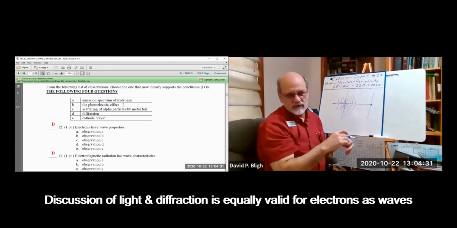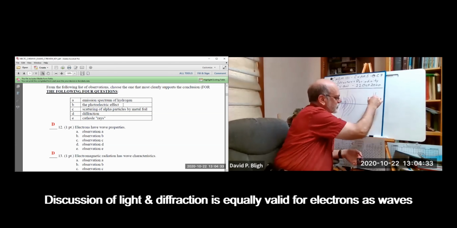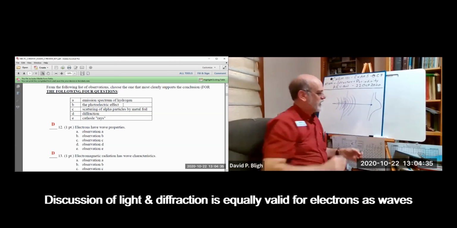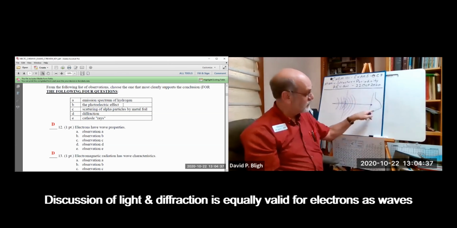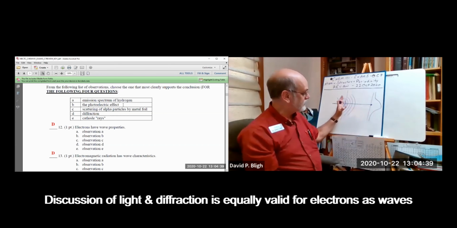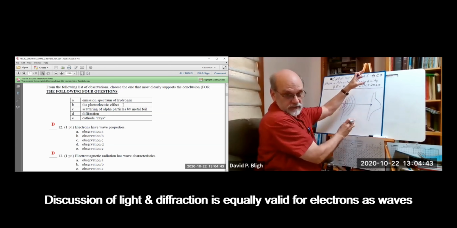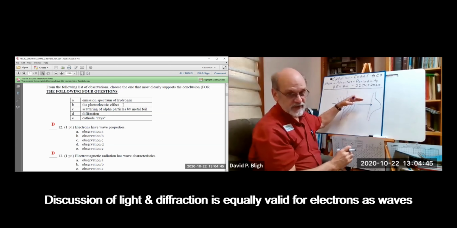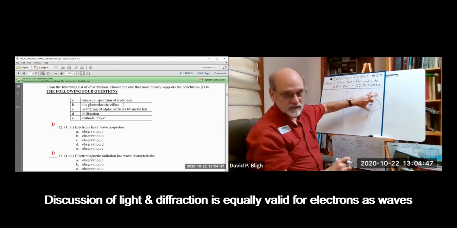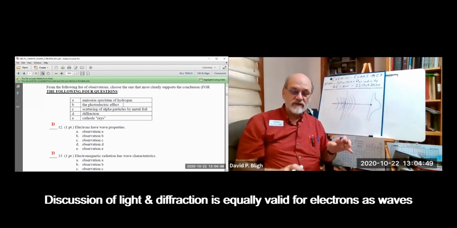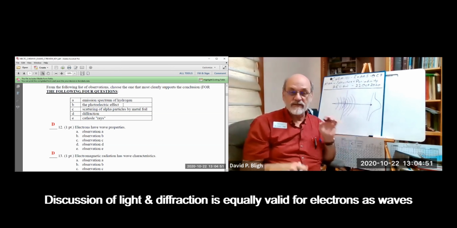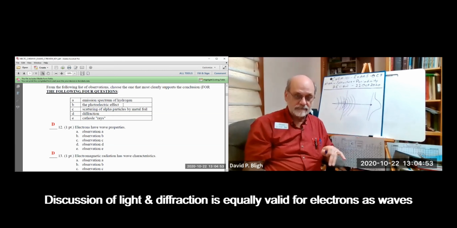If we drew a graph, it would be more like this. The most intense would be right in the middle, but you still get some over here because as the wave spreads, the energy spreads out also. So most intensity is right here in the center, and then you get some farther away. That is diffraction, and that says light is a wave.